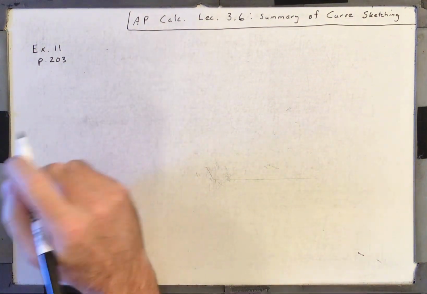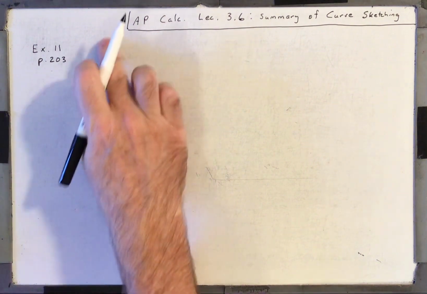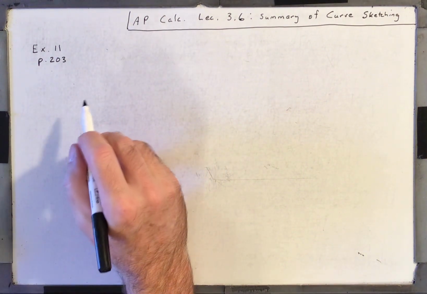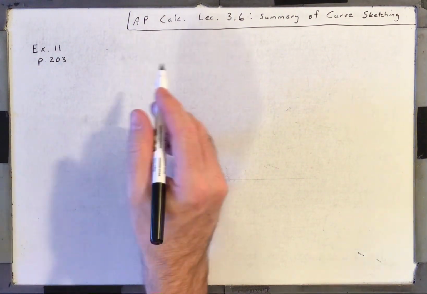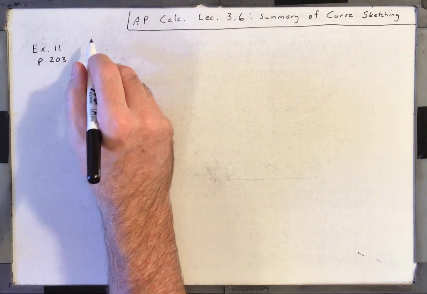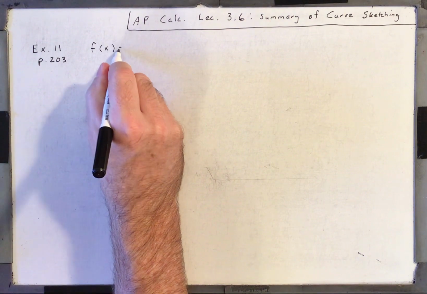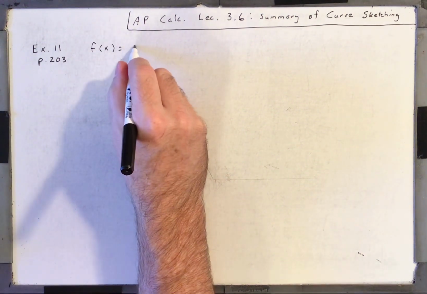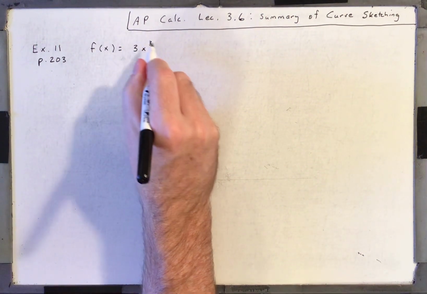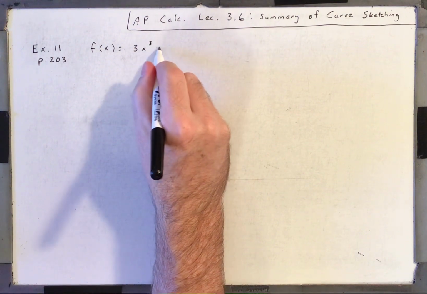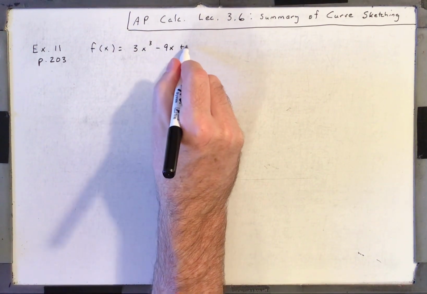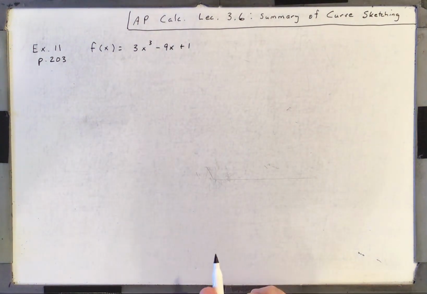Okay, so we're going to do the whole thing. We're going to find everything that we've learned how to do and then sketch the graph. So let's say we have f of x is equal to 3x cubed minus 9x plus 1.